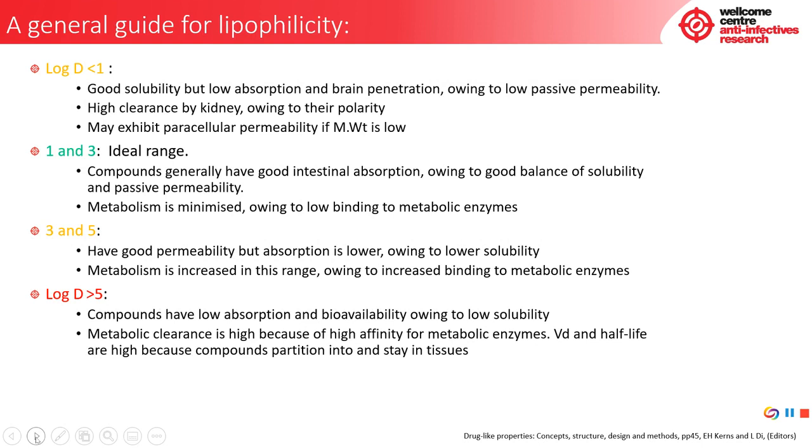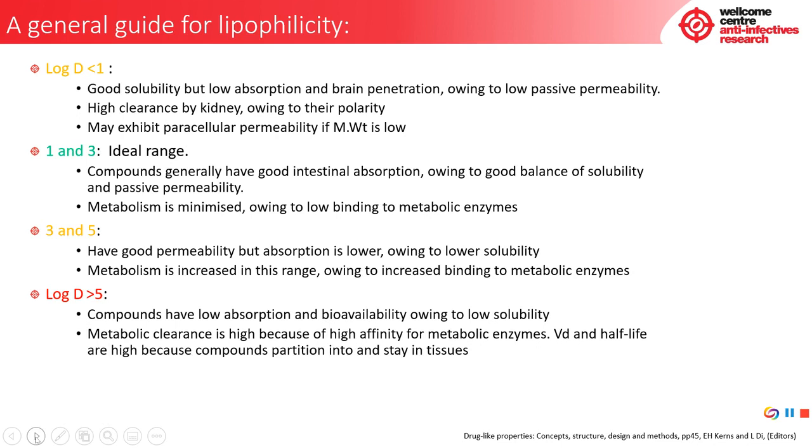A general guide for lipophilicity. A compound that has a log D 7.4 of less than 1 can indeed demonstrate good solubility but low absorption and brain penetration owing to slow passive permeability. It can have high clearance by kidney owing to its polarity and may exhibit paracellular permeability if molecular weight is low.